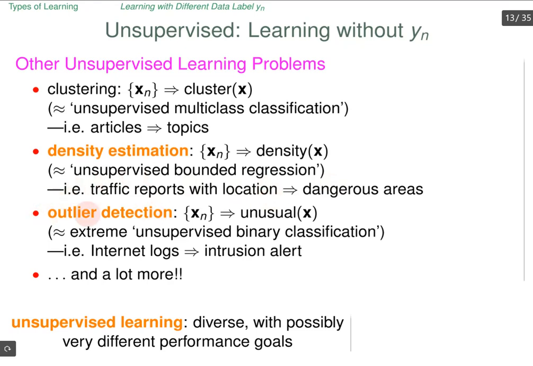Or in the outlier detection example, you have some data without y, just some data, and your task is to identify some unusual examples. Internet logs: from internet logs to intrusion alert.